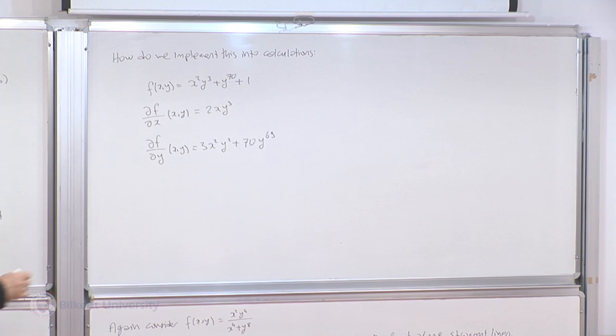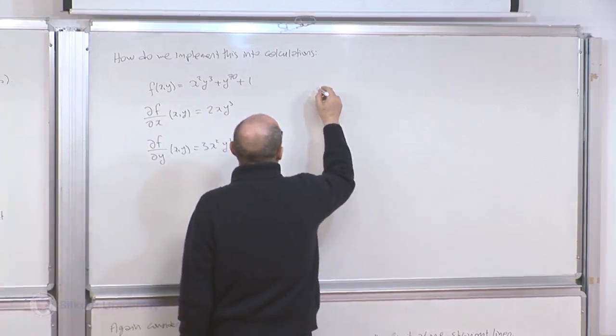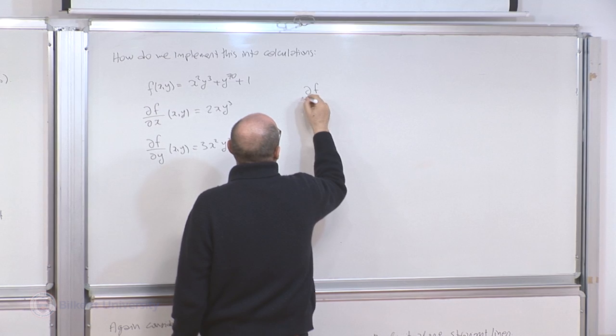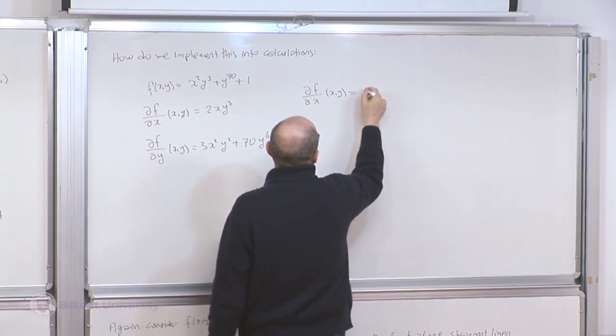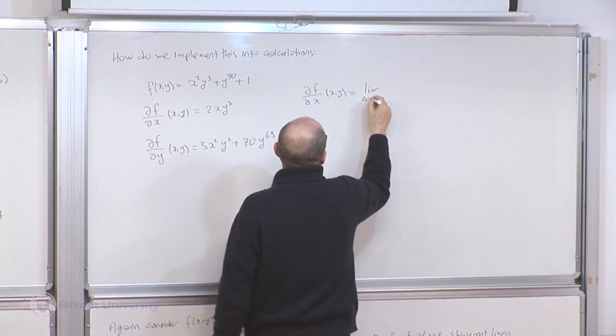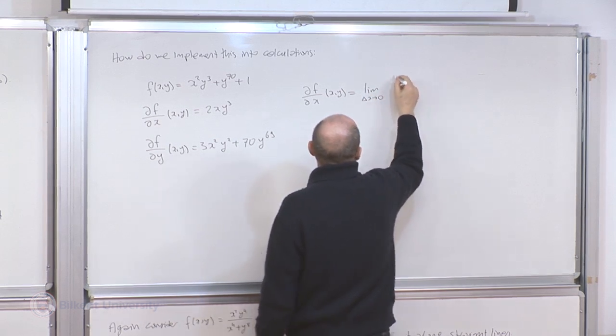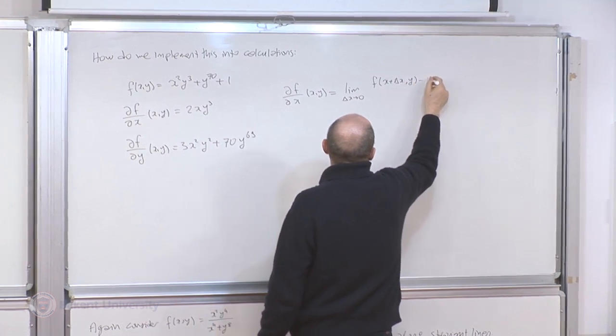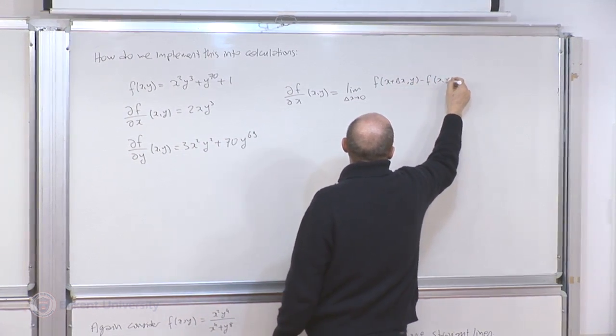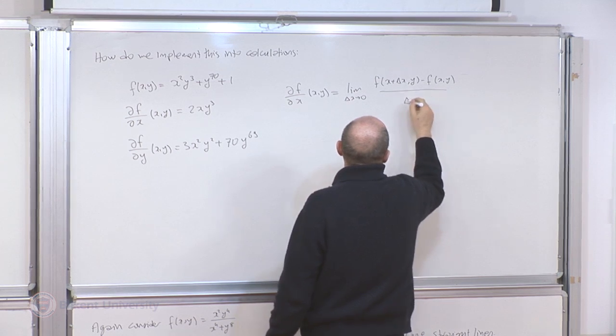So what we do here for this one, we use the derivative of f with respect to x at the generic point is the limit as delta x goes to 0 of f of x plus delta x, y minus f of x y, divided by delta x.